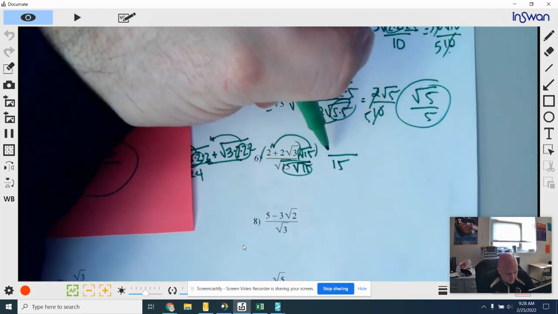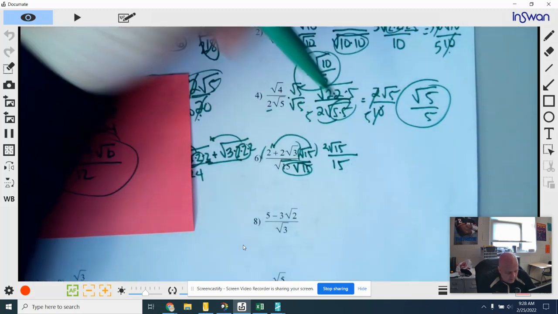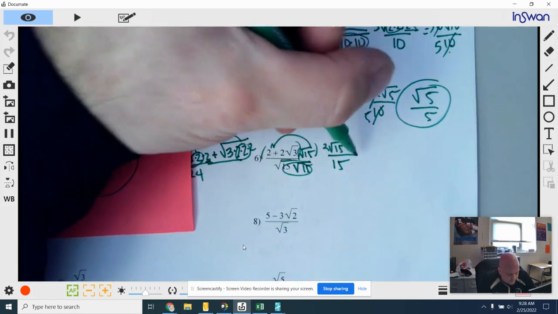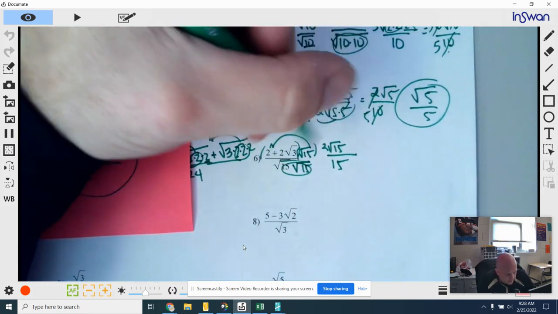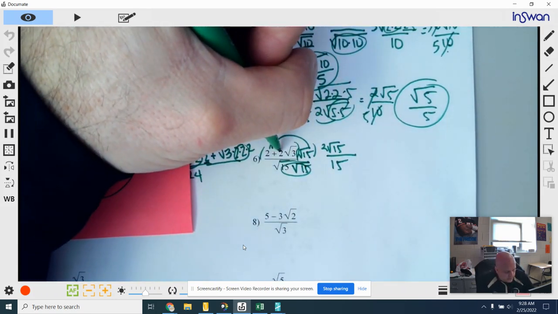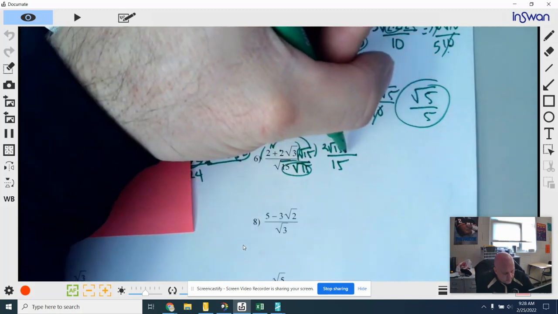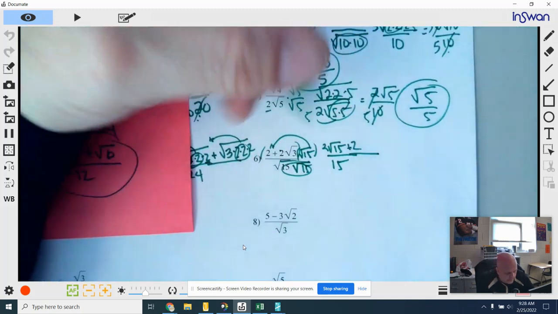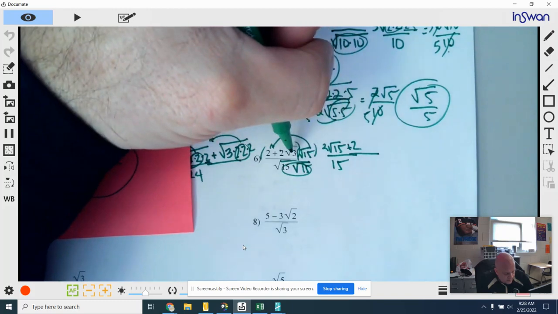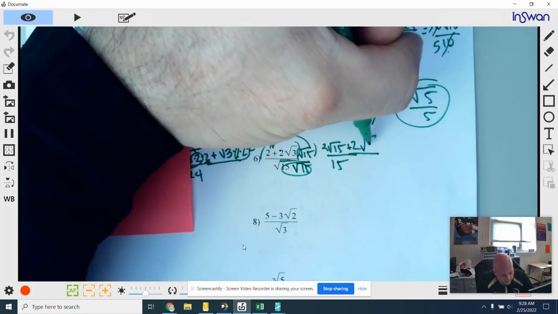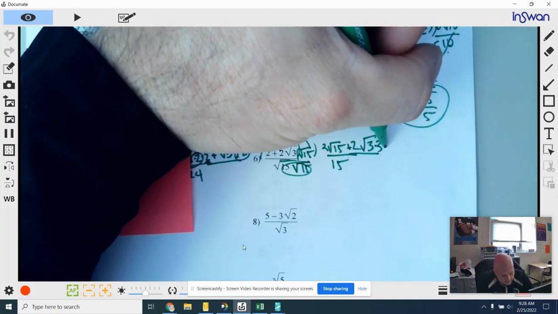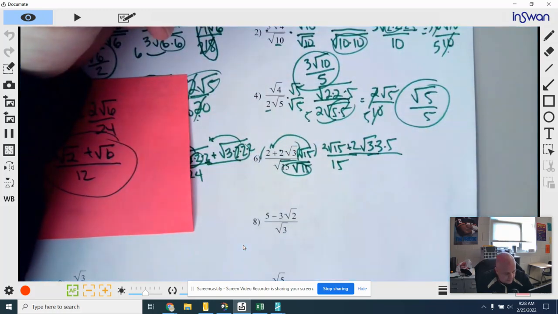So 2 times root 15. And then over here, we have this 2. So plus 2. And then we have 3 and 15 together. So root 3, and then 15 is 3 and 5.